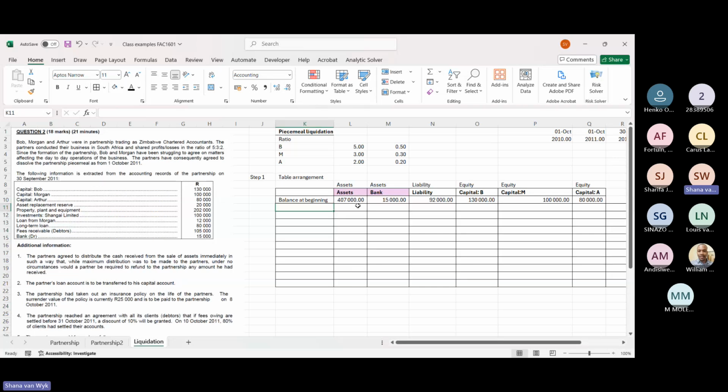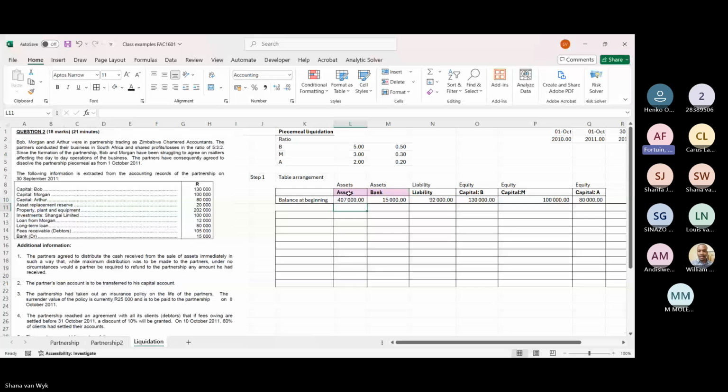So in my mind, it's this. Then let's say sale of assets. Maximum distribution.